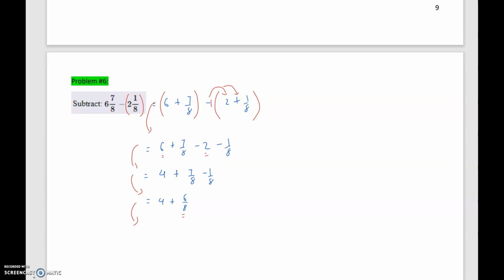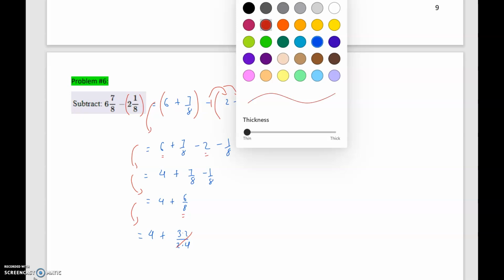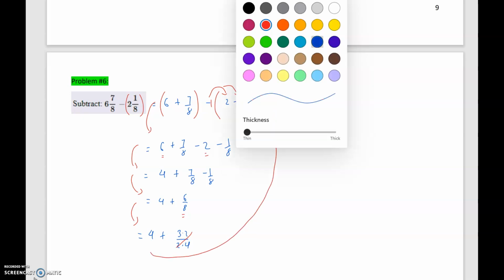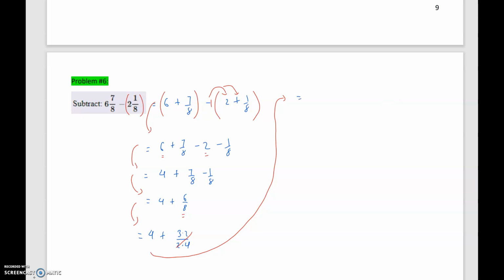So I'm going to reduce it. So we're looking at 4 plus, this will be 3 times 2 and 2 times 4. And we can cancel the 2's. So let me move this up here. So in this case, we're going to get 4 plus 3/4.